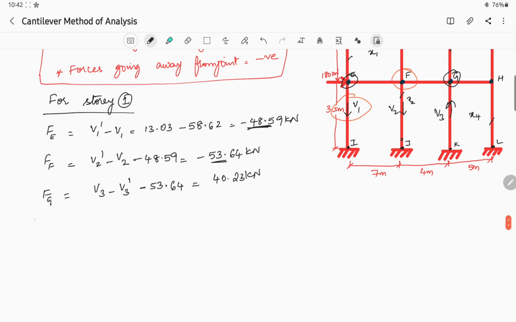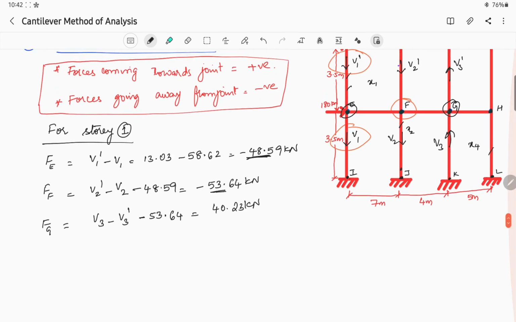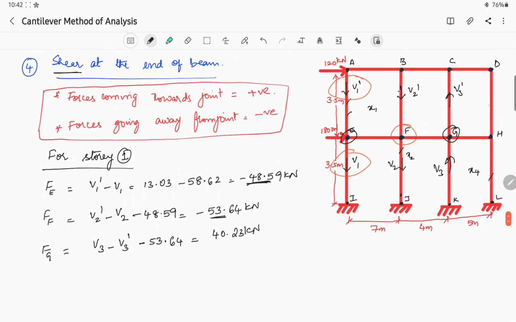Now, shear force at H. If you consider H here, V4 dash is going in upward direction, which is away from joint H, and V4 is going towards the joint.